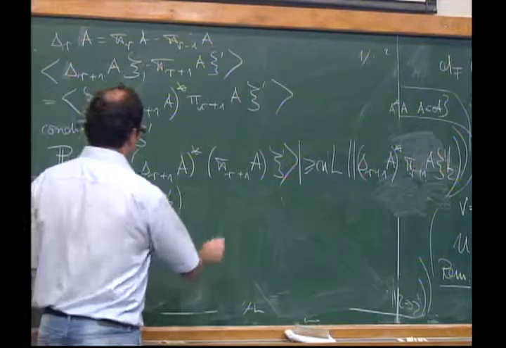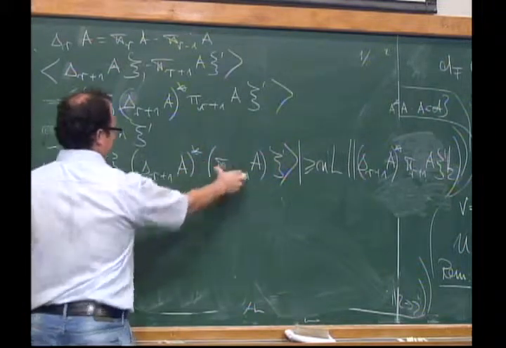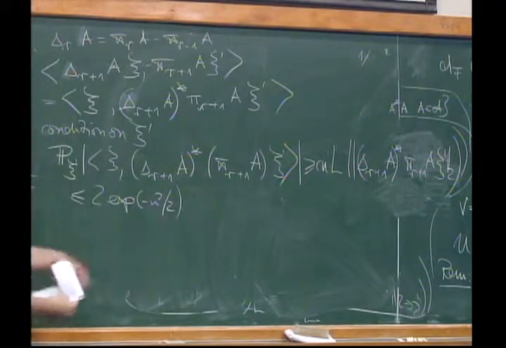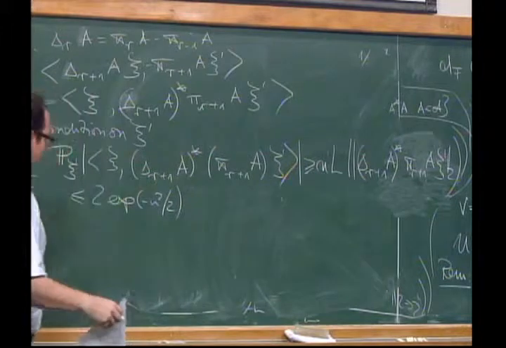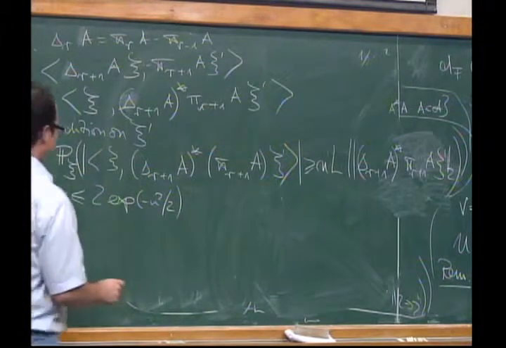And now the thing is that we need to count how many values actually this can take. We want to apply a union bound now.